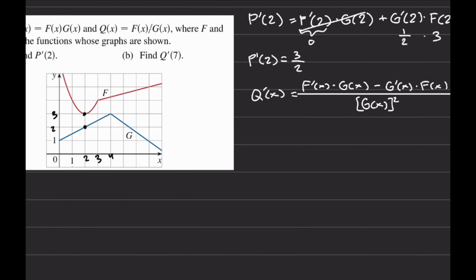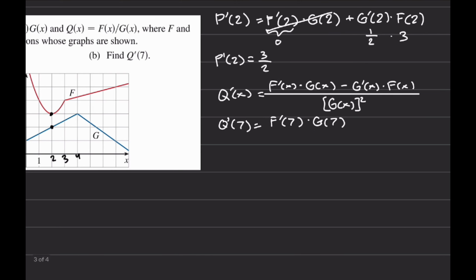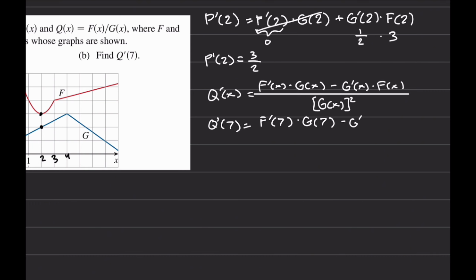And it's asking for q prime of 7. So we're going to be looking for x values of 7 here. Or f prime of 7 times g of 7 minus g prime of 7 times f of 7, and then g of 7 squared. Alright, so nothing too complicated here.